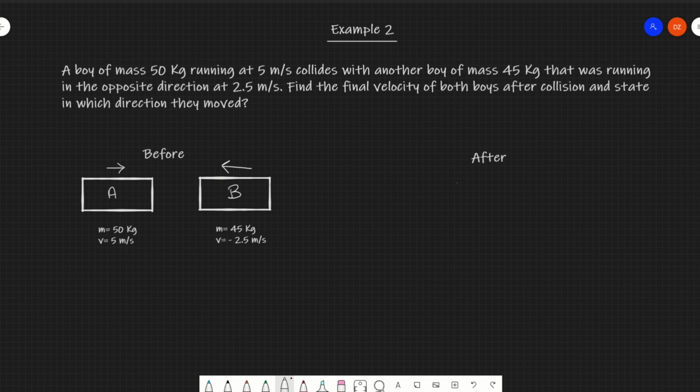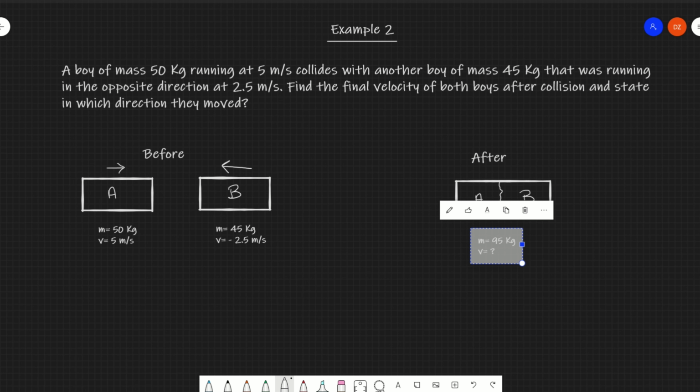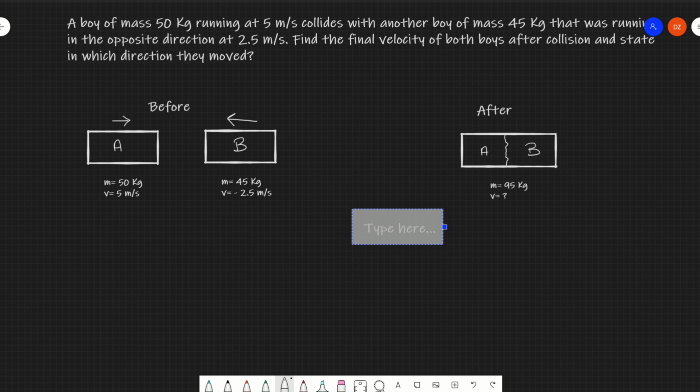So we are going to draw body A and body B combined together, and they also have a combined mass, which in this case is equal to 95 kilograms, and a combined velocity, which we need to find. Again, we start with the conservation of momentum.